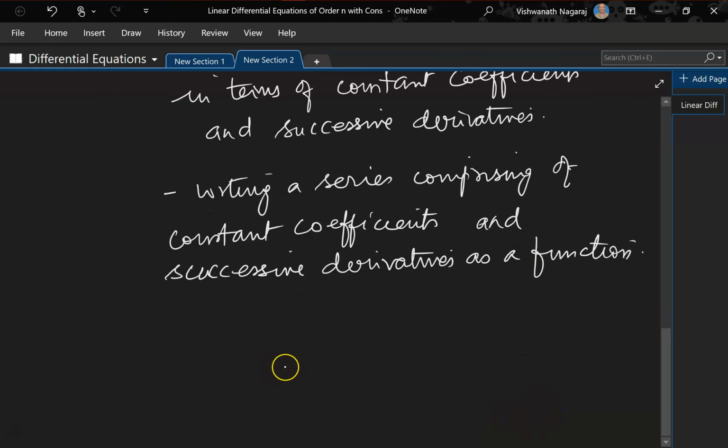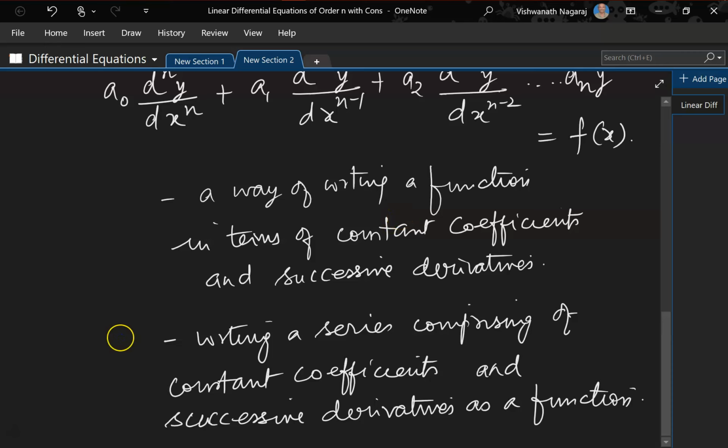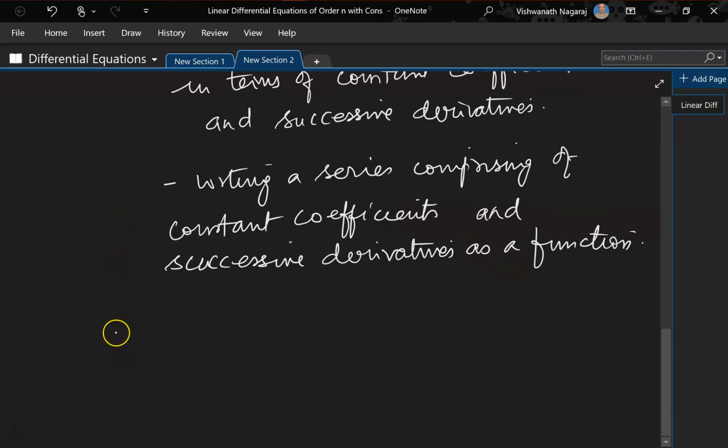Now again, if you noticed here, it is going to become tedious to write the nth derivative in this form. So let's come out with a separate notation. Let's say D is equal to d by dx. That means we can write D square as the second derivative with respect to x.